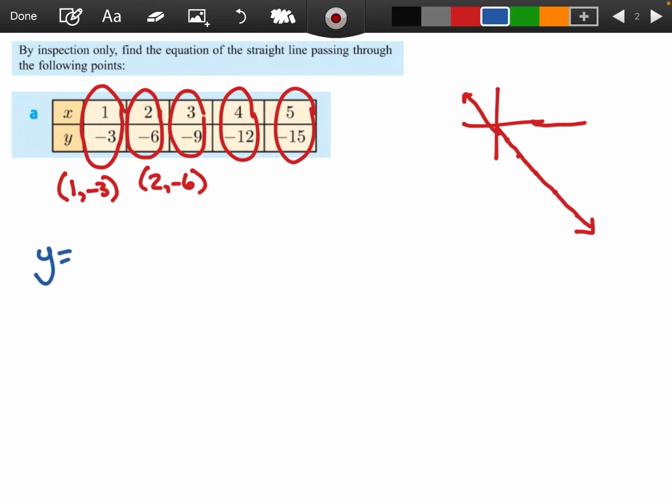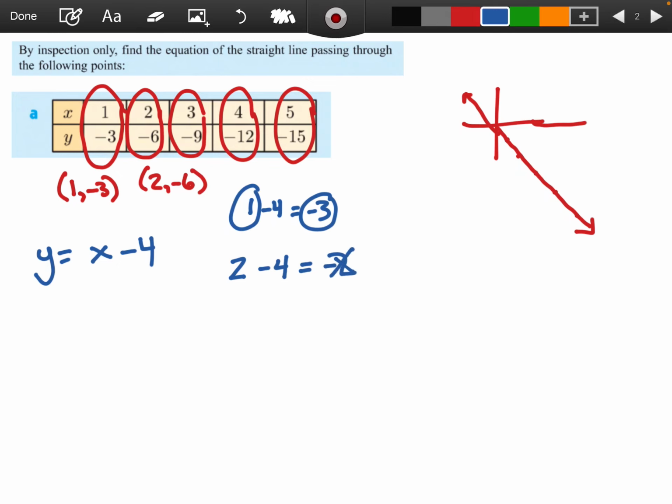So let's imagine I take Y. What did I do to X to get from 1 to -3? Well, maybe I subtracted 4. 1 minus 4 equals -3. So 1 is my X coordinate, -3 is my Y coordinate. That works for the first point, but then if I go to the second point, 2 minus 4 gives me -2, which is not what I should get.